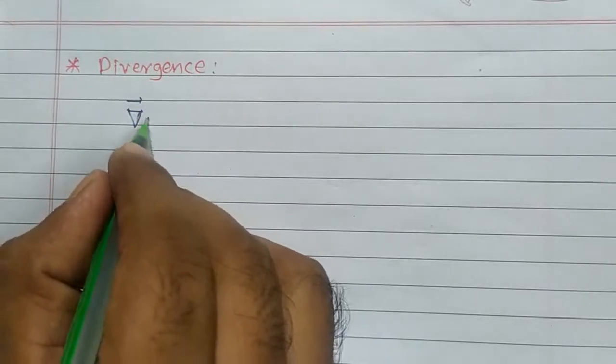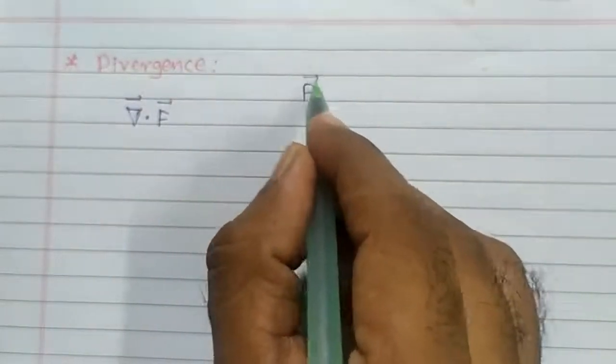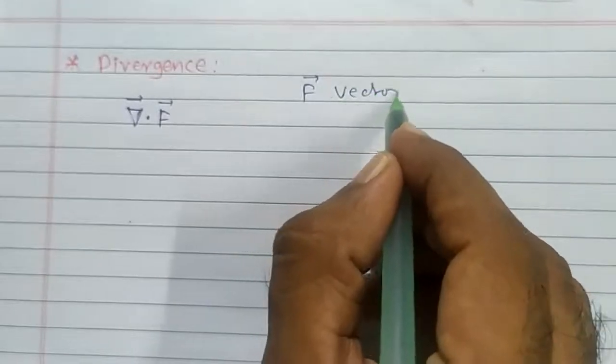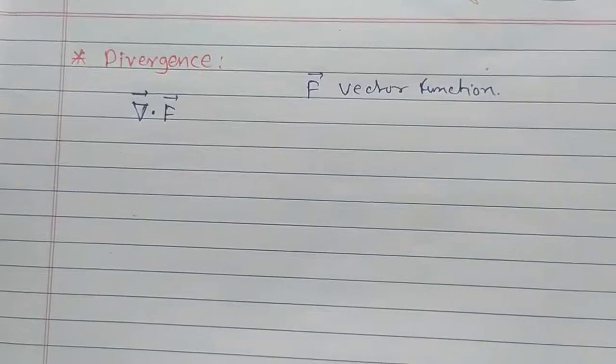Now if I take the dot product of the operator del with some vector function f bar, what is meant by a vector function? It contains direction inside it. So it is a vector function, and if I take the dot product of del bar with f bar, then it will be the divergence.